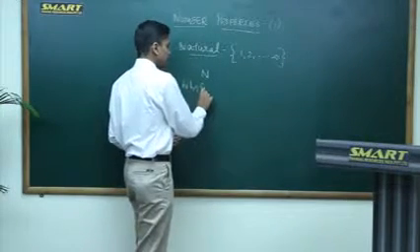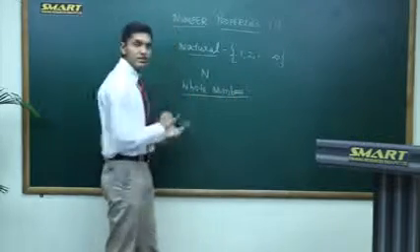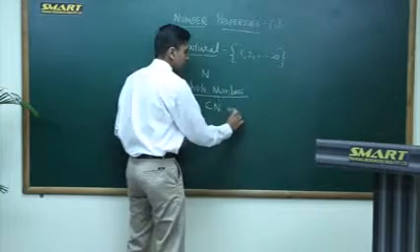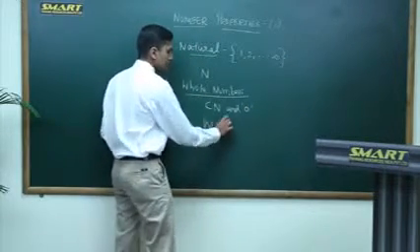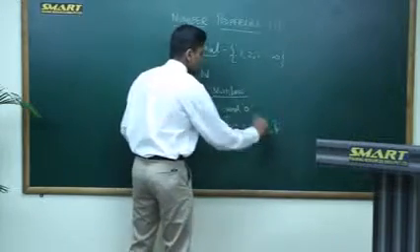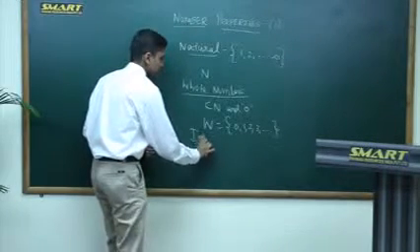The second one is whole numbers. This will include all the counting numbers and 0. So, if I represent the whole numbers as W, I can write it as 0, 1, 2, 3, etc. up to infinity. And the third one is integers.